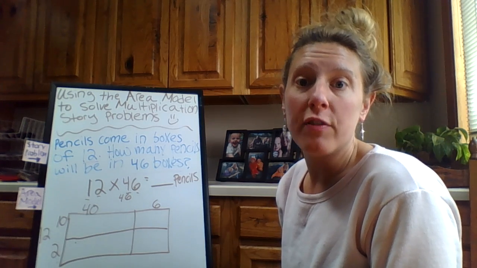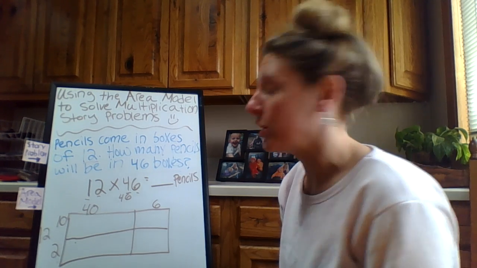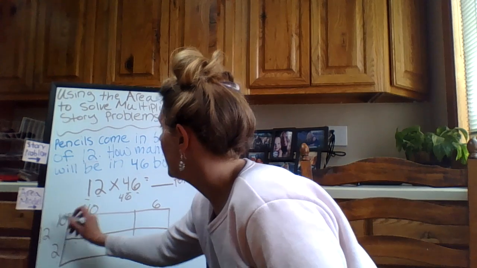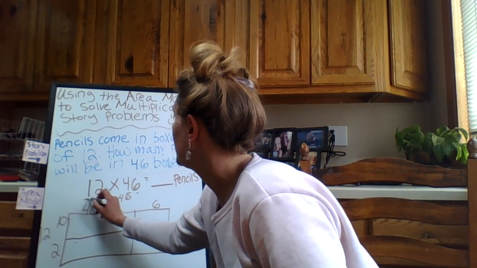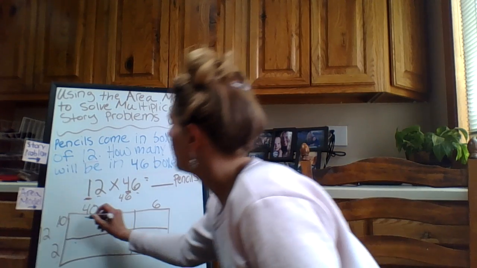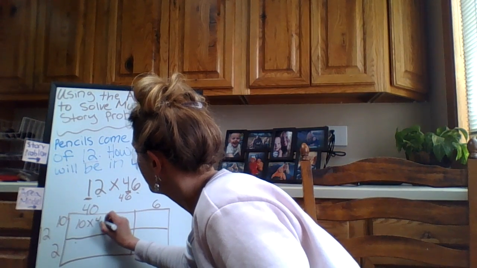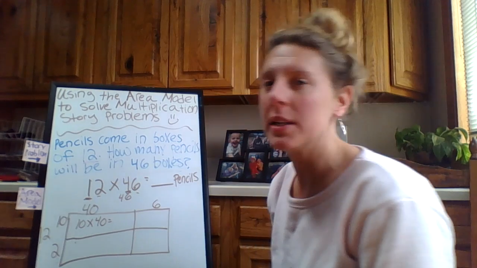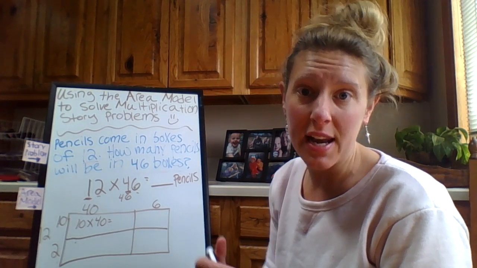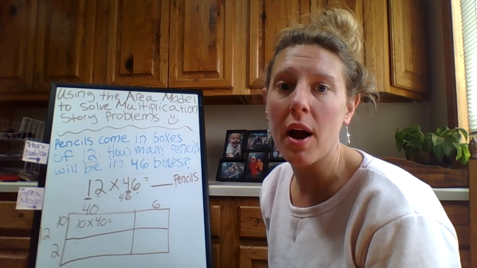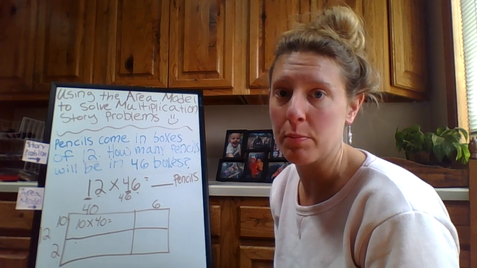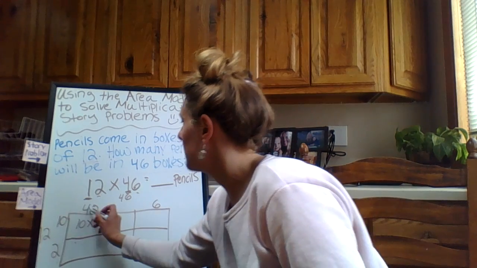Let's look at 12 first, which we broke apart to be 10 and 2. I'm going to multiply the 10 times the 40. If we look at our equation, that's right here. 10 times 40 equals, and I always like to write my equations, and then I can go back and find the product. And remember, boys and girls, product is the answer to a multiplication problem. So I did 10 times 40.